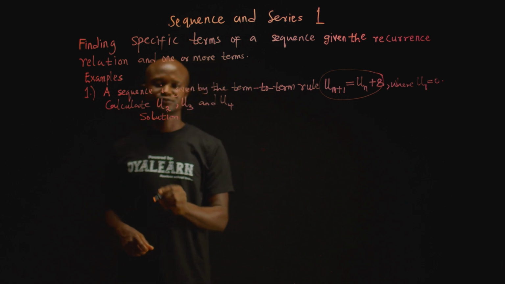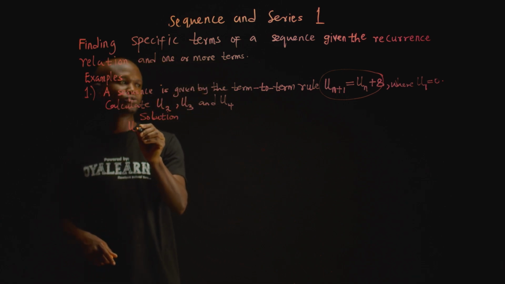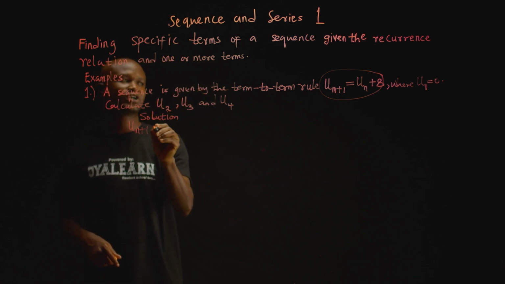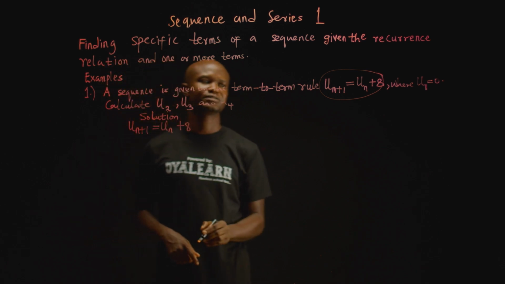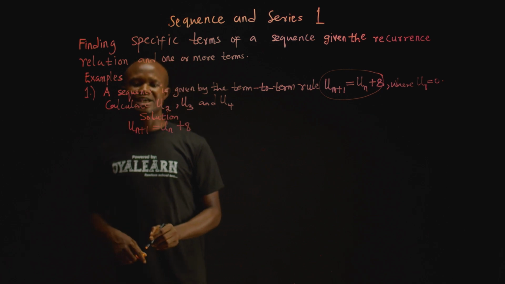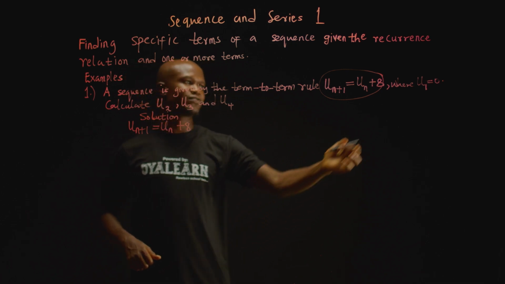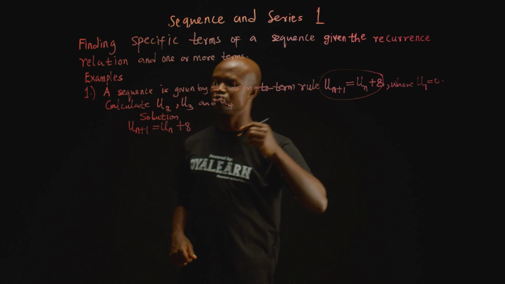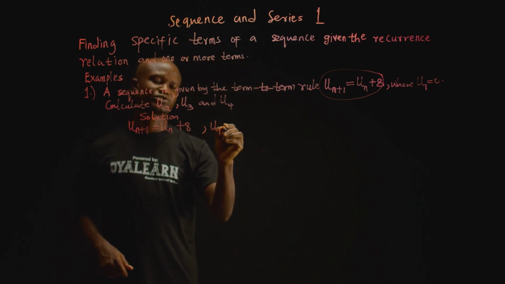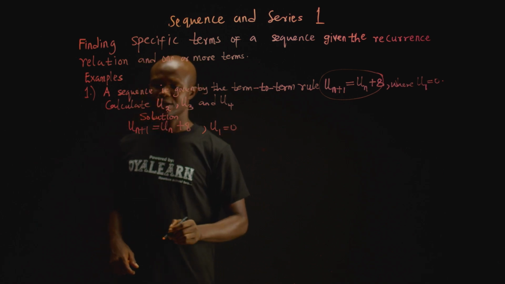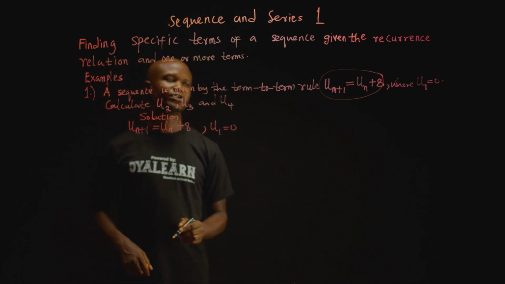Now we have U subscript n plus 1 equals U subscript n, then plus 8. Since we are given U1 equals 0, we want to find U2.